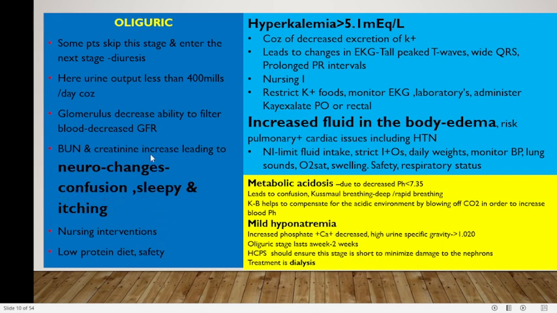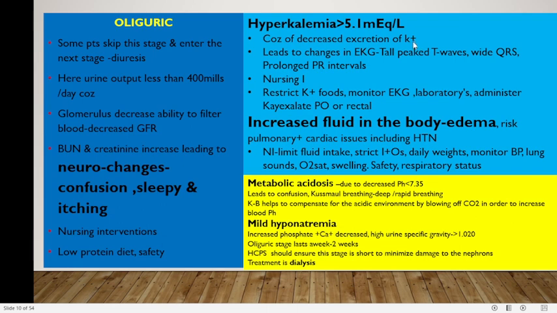So as a result of this, we have accumulation of several wastes. The first one, which is very key for us, is hyperkalemia. Remember, the normal range for potassium is between 3.5 to 5.0. So if you have hyperkalemia of greater than 5.1, we say that this is caused by decreased excretion of potassium.